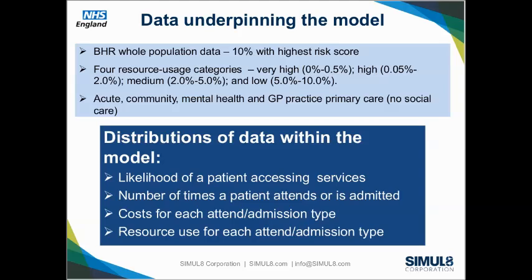So there's lots of distributions based on the BHR data built into the tool, which are likelihood of patients accessing the service, the number of times a patient might attend or is admitted or has a contact, costs and resource use for each attendance or admission.